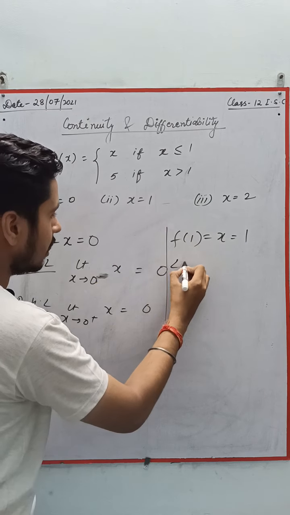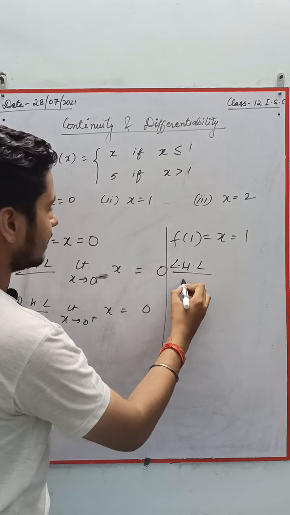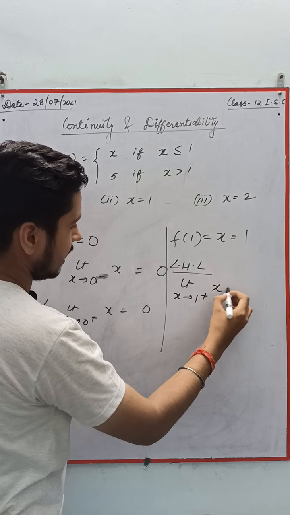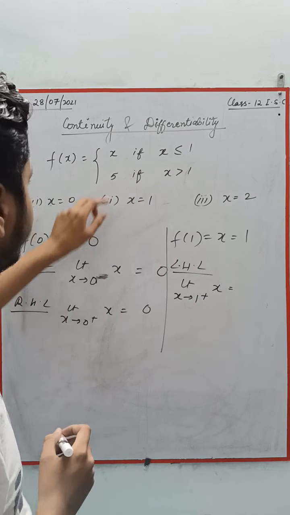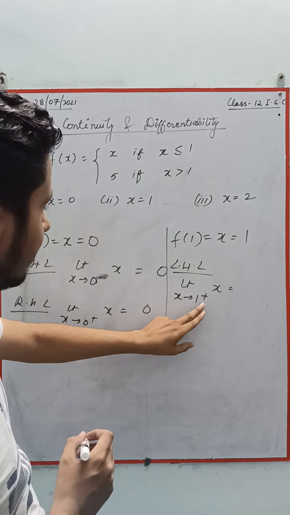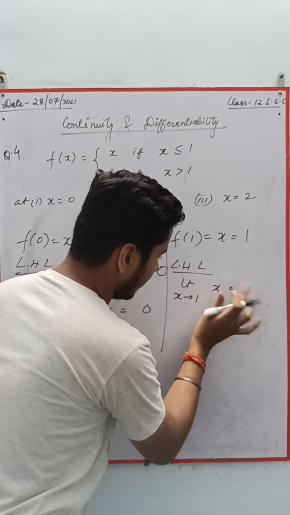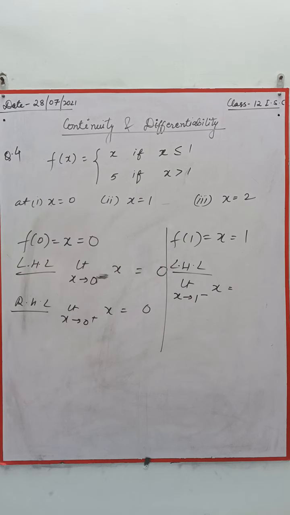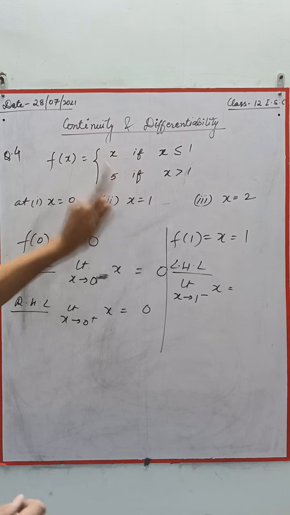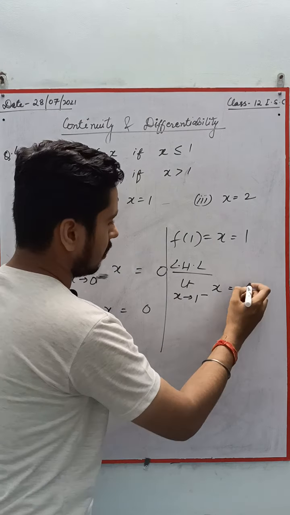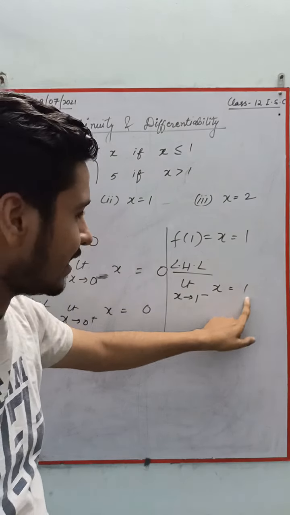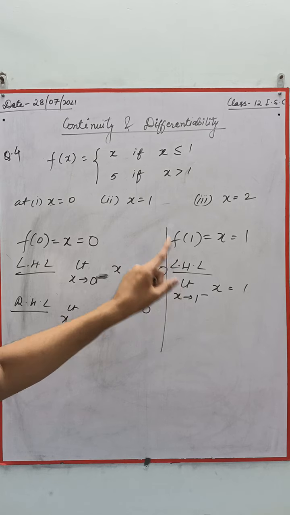Now for LHL, it will be limit x tends to 1 minus, because for LHL we are checking the left side. If you put 1 minus in the less than case, you will get 1 as the answer, because 1 minus h, on putting h tends to 0, will get 1. So I am directly writing 1 here.